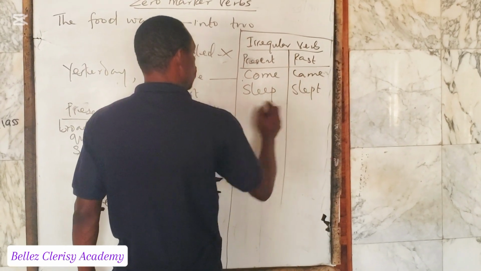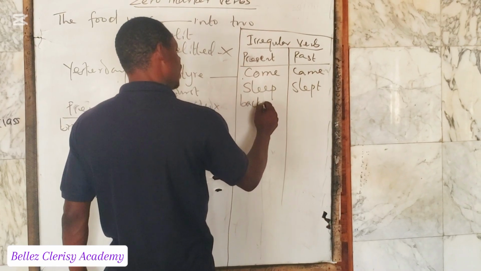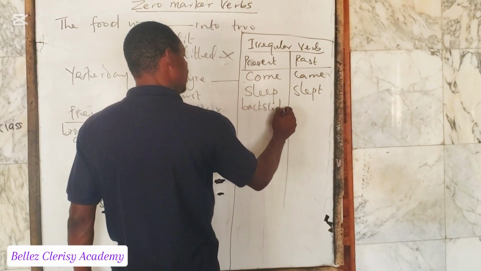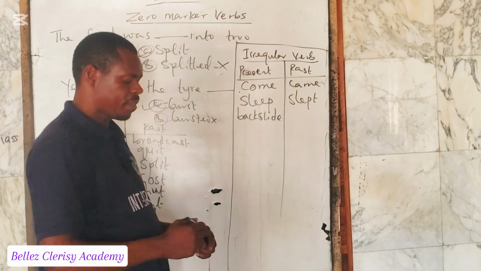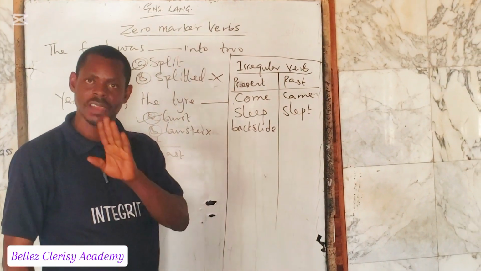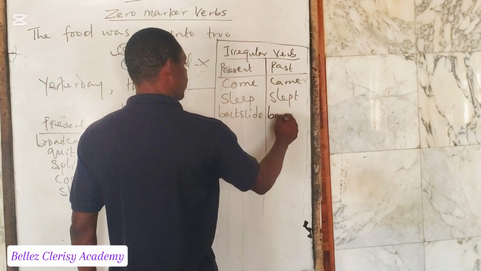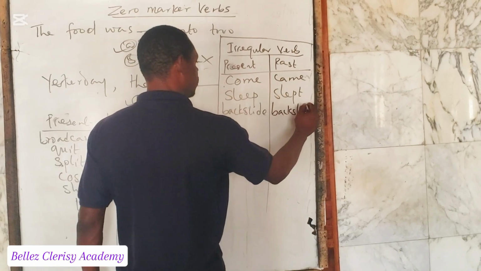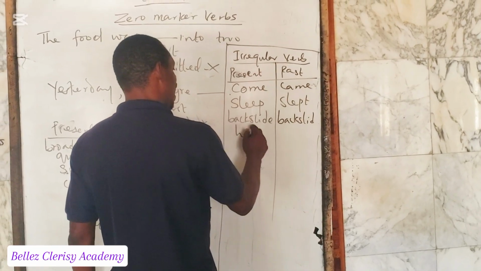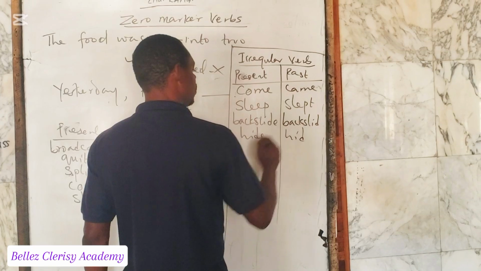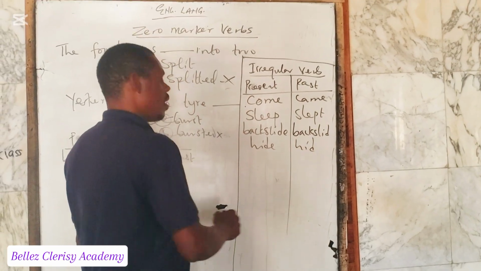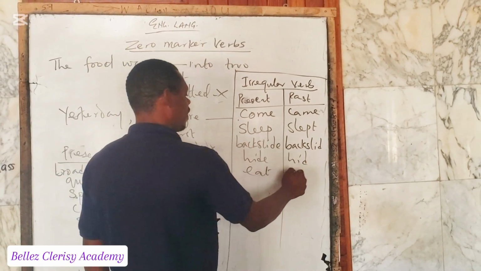Slept. We have backslide. Some people will be saying backslided. There's nothing like backslided in English. The word backslide, the past tense is backslid. Hide, eat. Eat, ate.